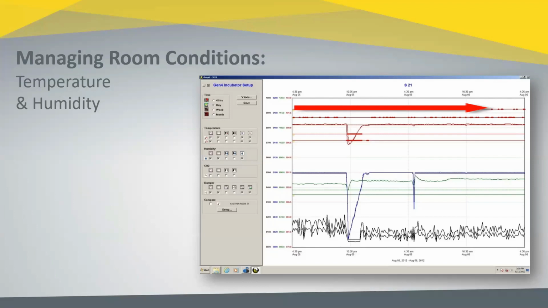We do recognize that there are times where the temperature will have a dip, and in this reference you see that more than likely it was an egg set that occurred in the machine, and therefore the temperature dropped. A lot of heating ensued and brought the temperature back up to a stable temperature. But keeping a consistent room temperature and humidity is critical with the classic, just simply because the machine is trying to maintain the exact same temperature all the time.